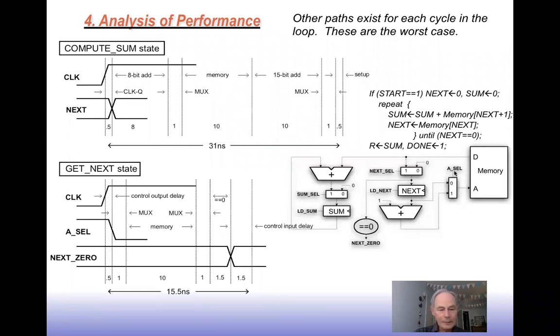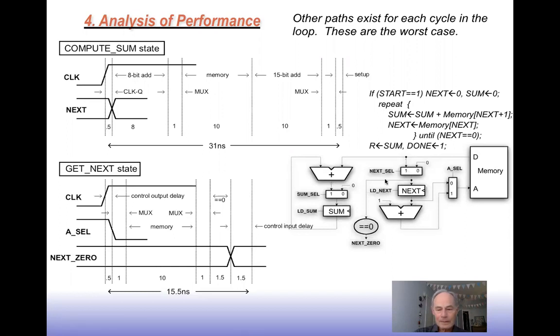And then once the mux control signal is there, we're going to have a 1 nanosecond delay for the next signal to go through the multiplexer here and then into the memory. And then again, this memory has 10 nanosecond delay, right? The value comes out, it goes through this mux, that's 1 nanosecond here.